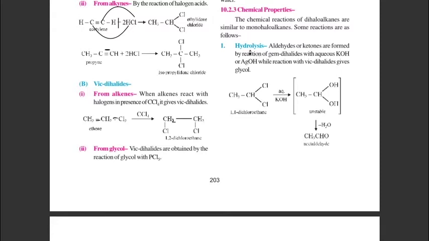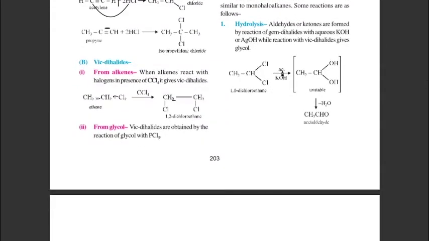First is hydrolysis. Okay, their properties are similar to monohaloalkanes. So first is hydrolysis. When gem dihalides undergo hydrolysis with aqueous potassium hydroxide, then aldehydes are produced.